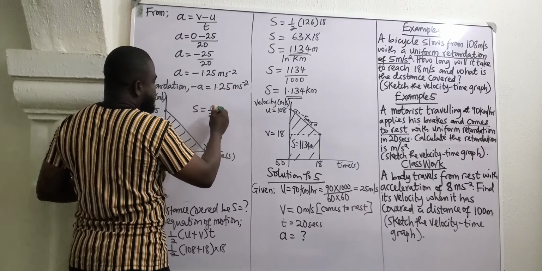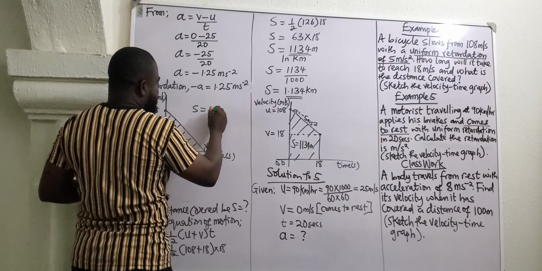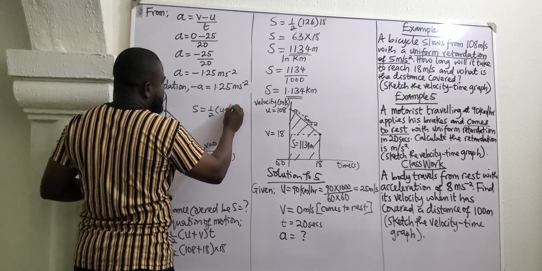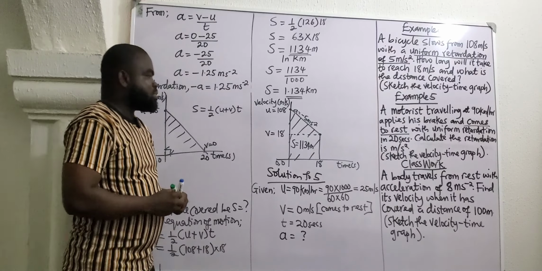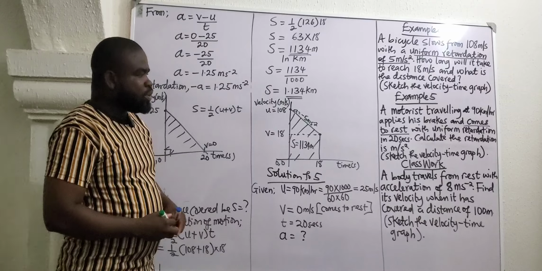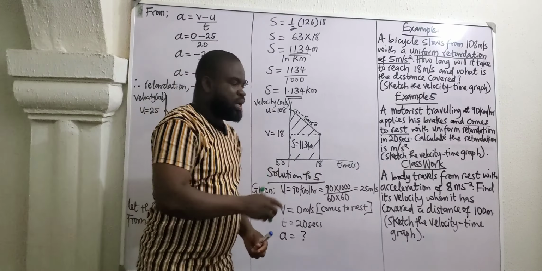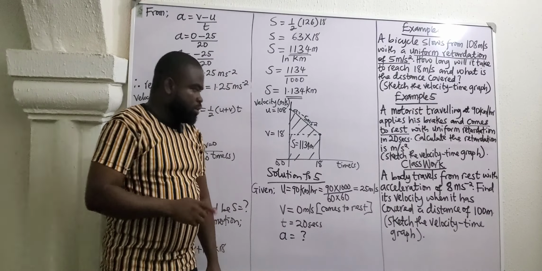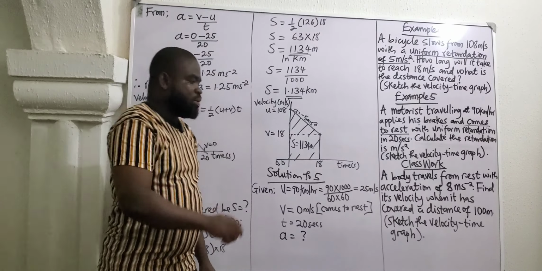So as part of the assignment or classwork, you can find the total distance, which should be half bracket open u plus v close bracket times t. That will give us the total distance or displacement covered by this body. So please do this classwork and report your answer. I will take care of it and tell you if the answer you have posted is correct.